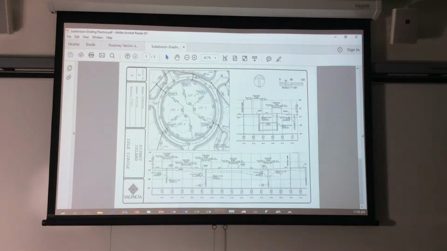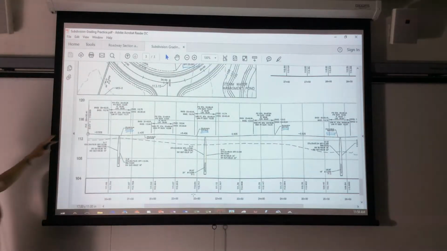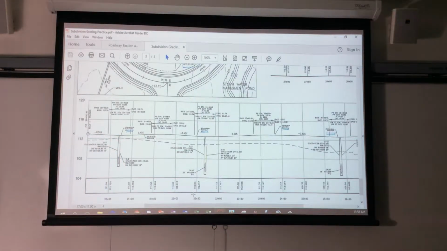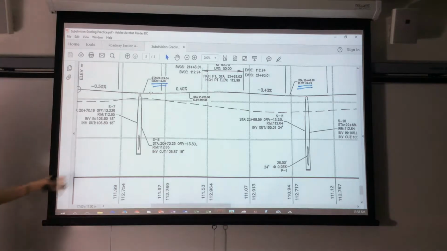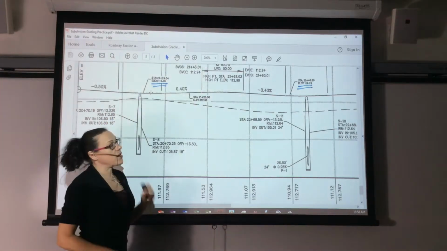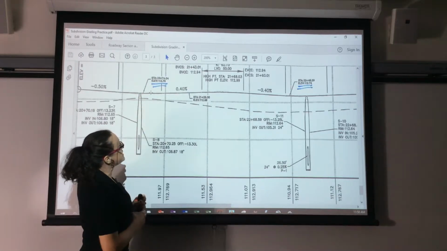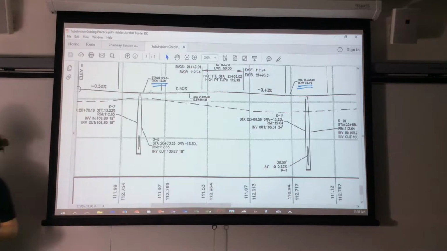And the last page you have is the actual cross-section of the road. And if you zoom in on this, it'll tell you at what station the elevation of the road is. So at station 20 plus 74.04, the elevation is 112.76.